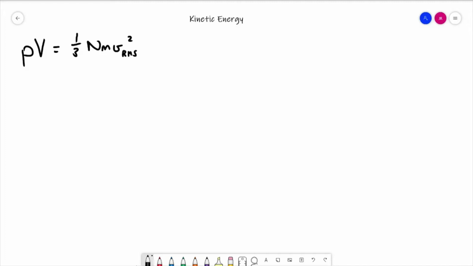Now, of course, you might have already guessed the reason why I've rearranged it to make it P times V on the left-hand side is to make this look like the ideal gas law. So remember the ideal gas law, PV equals nRT, or PV is equal to nKBT.